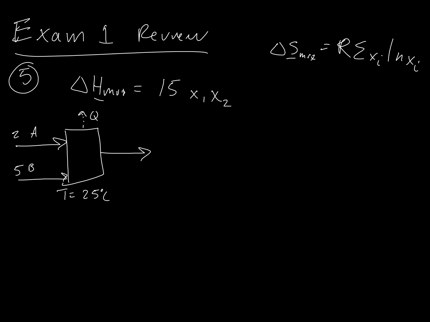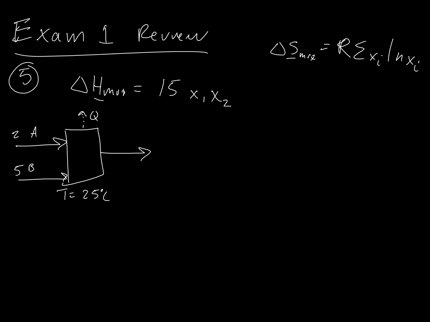So if we look at an energy balance on this process, we could think of this as continuous, or we could think of it as a batch system. It really doesn't change things too terribly much.